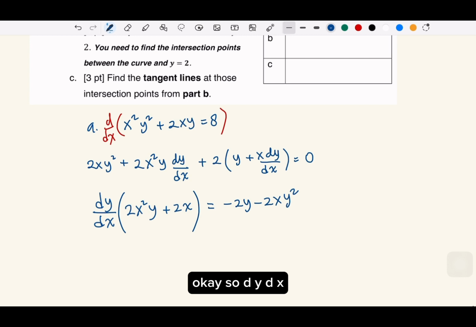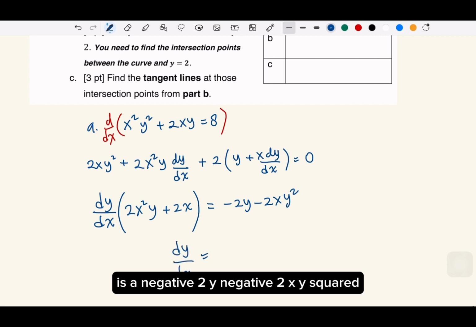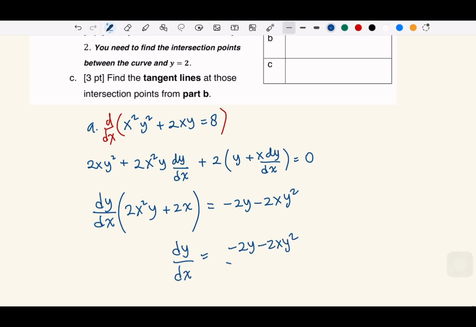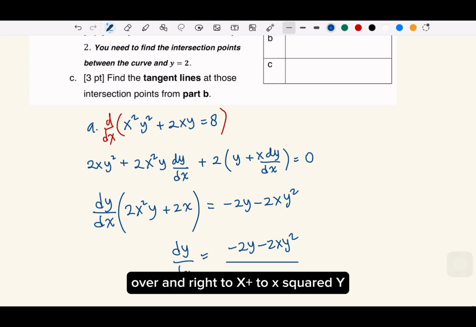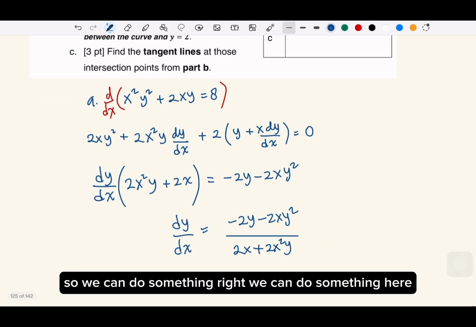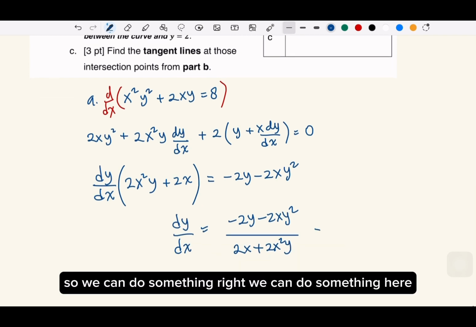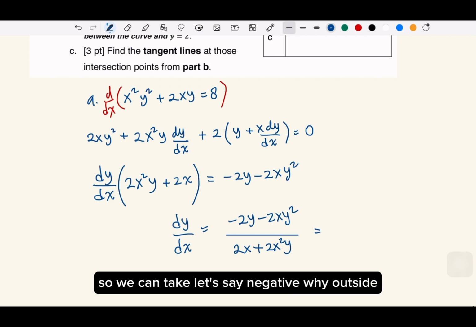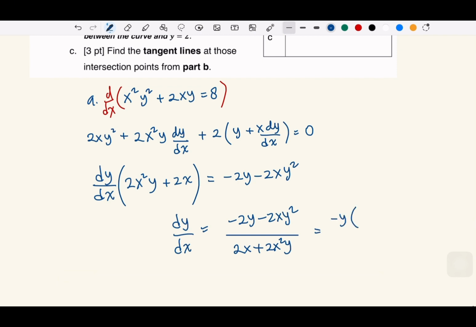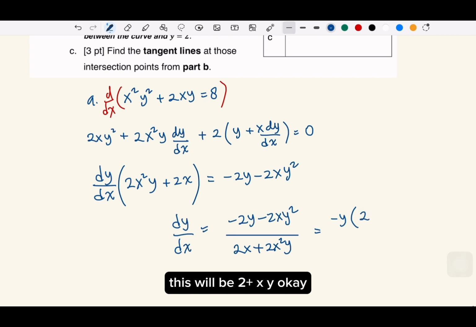Okay, so dy dx is negative 2y minus 2xy squared over 2x plus 2x squared y. So we can do something here. We can take negative y outside. This will be 2 plus xy, okay?